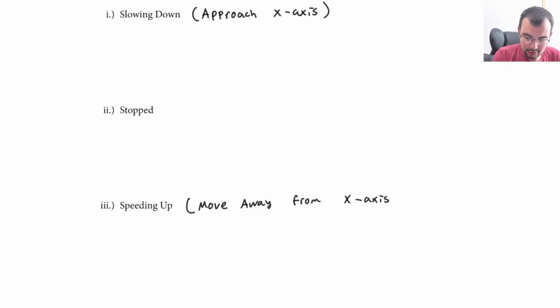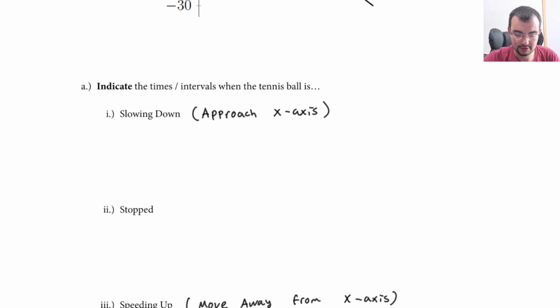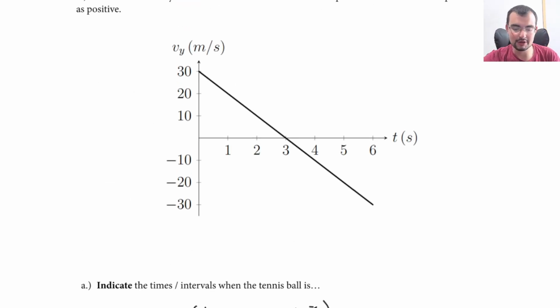There's also a sign rule where if velocity and acceleration have the same sign, that means speed up, because acceleration points in the way velocity is already pointing, so they add like this. Versus opposite directions, v and a, the vectors would try to cancel. But I like this idea where if you're getting closer to the axis, it means slowing down. If you're getting farther from the axis, it means speeding up.